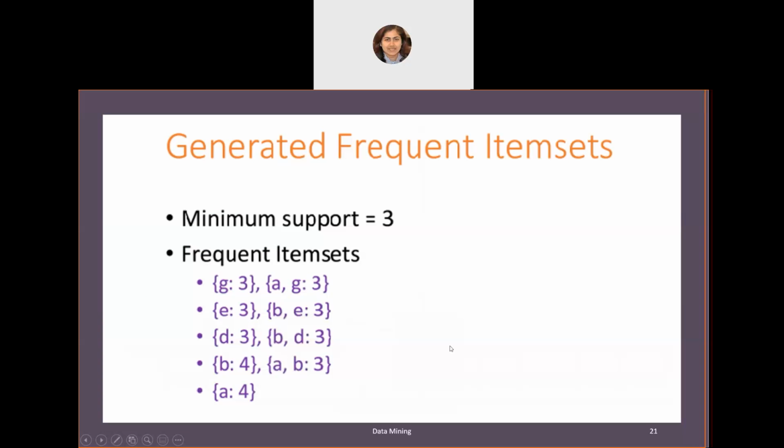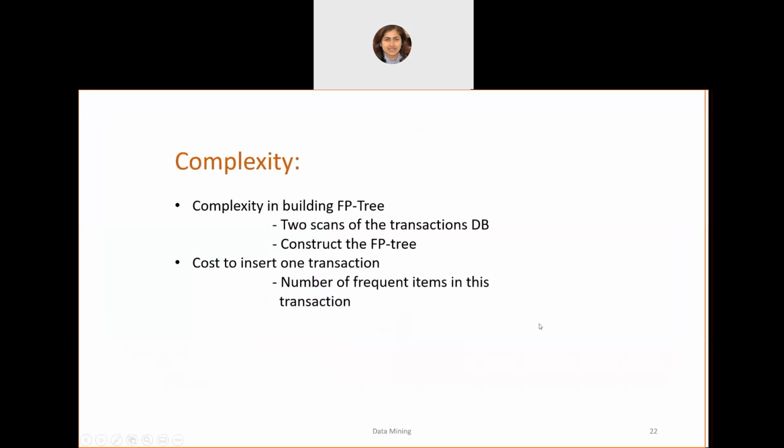See, there are two different ways. Either you follow Apriori for finding these frequent item sets, or you follow FP tree. Whichever way is easier for you, you can follow that. Now, what is the complexity of FP tree? In the last Apriori algorithm, you were generating the candidate item sets and the frequent item sets. But here you are just making two iterations over the transaction database and constructing the FP tree directly.